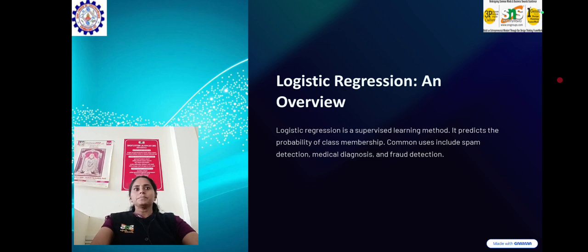For example, if the probability predicted by the model is greater than 0.5, the output is labeled as 1. This method is particularly useful in cases where we want to know the presence or absence of a condition, such as whether a patient has a disease or not, whether a transaction is fraudulent or not, or whether an email is spam.